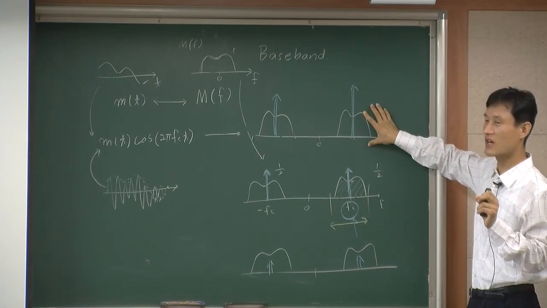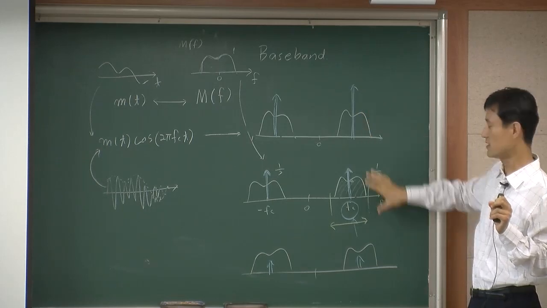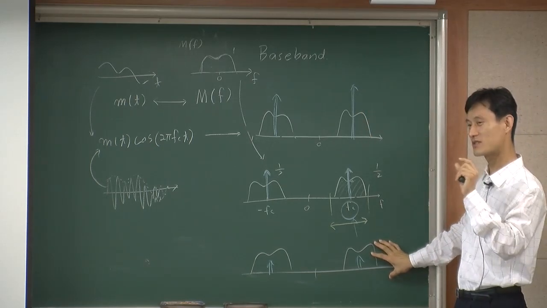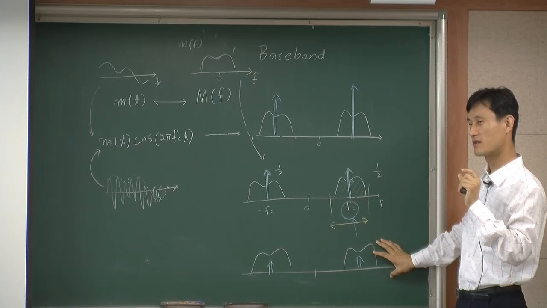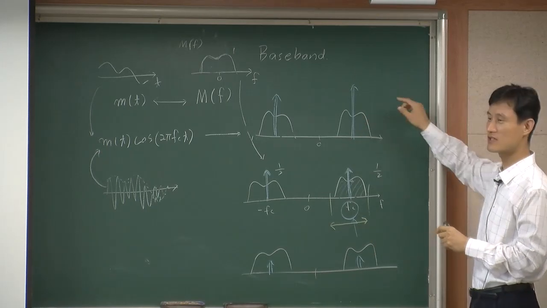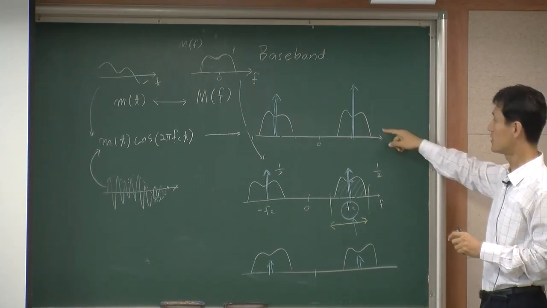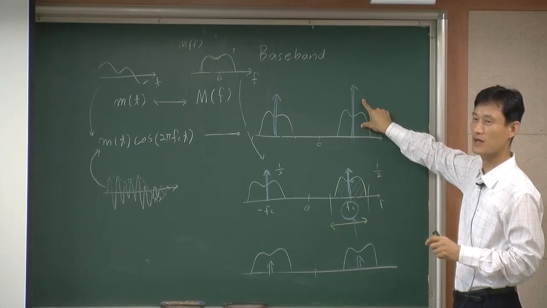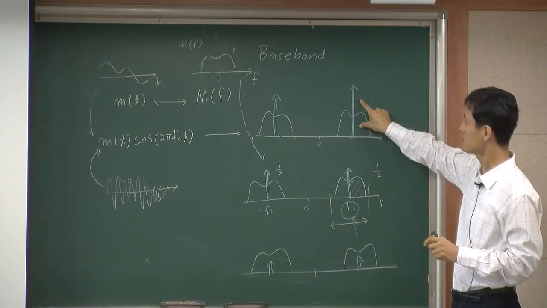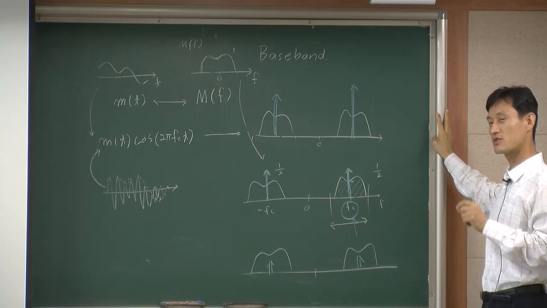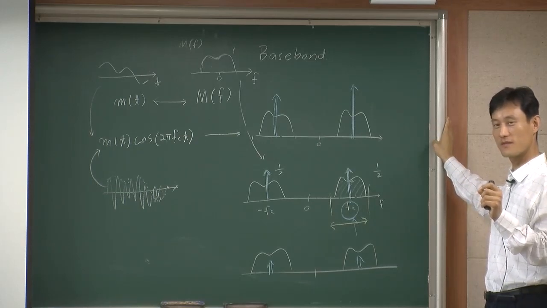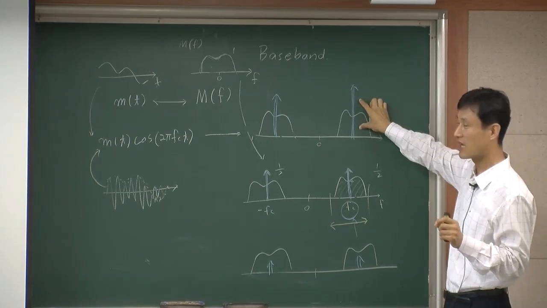So in that sense, the blue one is the bad guy, because it has no information but it consumes a lot of energy.